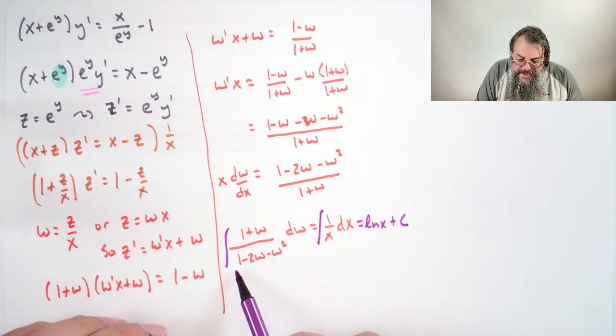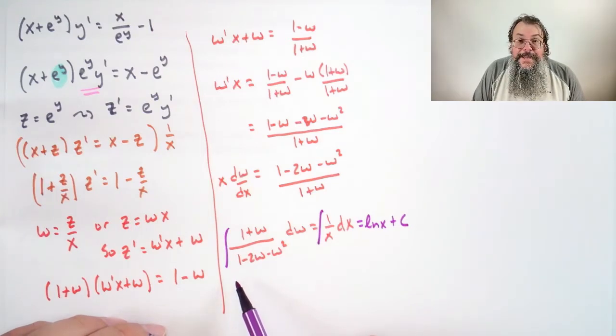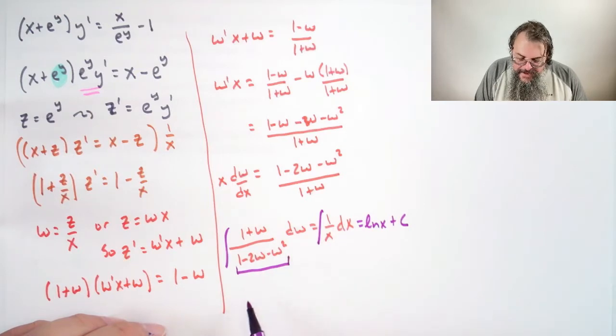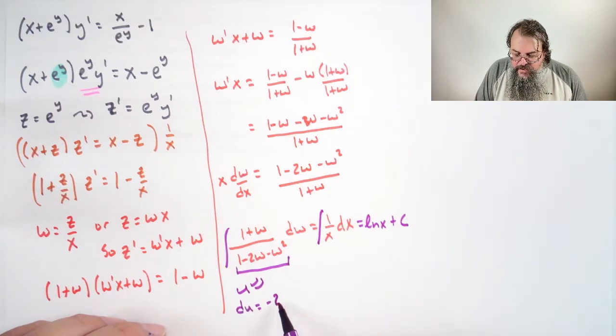But notice something. We can make a substitution. You're like, what? Again, Steve? I know. If you say u equal that, what would du be? Then du would be minus 2w times dw.